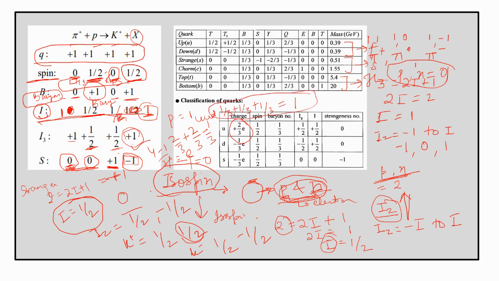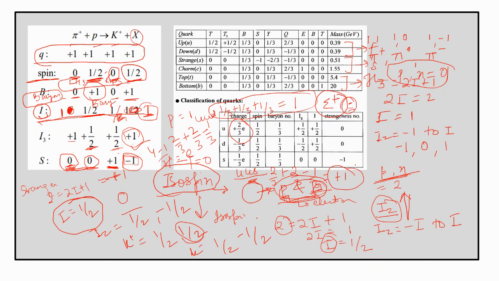Similarly, you have this unknown particle that we just found out. For that, we found that it should be UUS. Why? Because if you add 2 by 3, 2 by 3 with S, which is minus 1 by 3, you will get a charge plus 1.